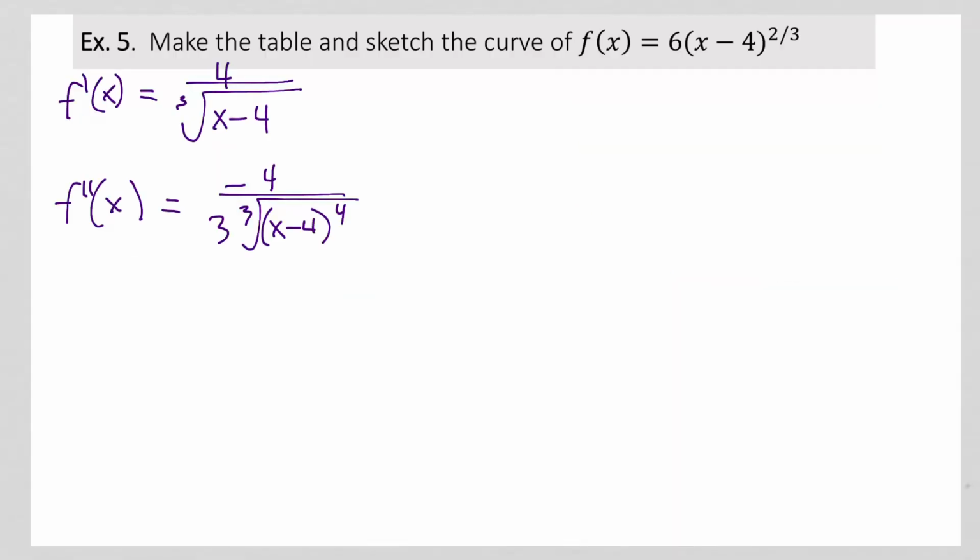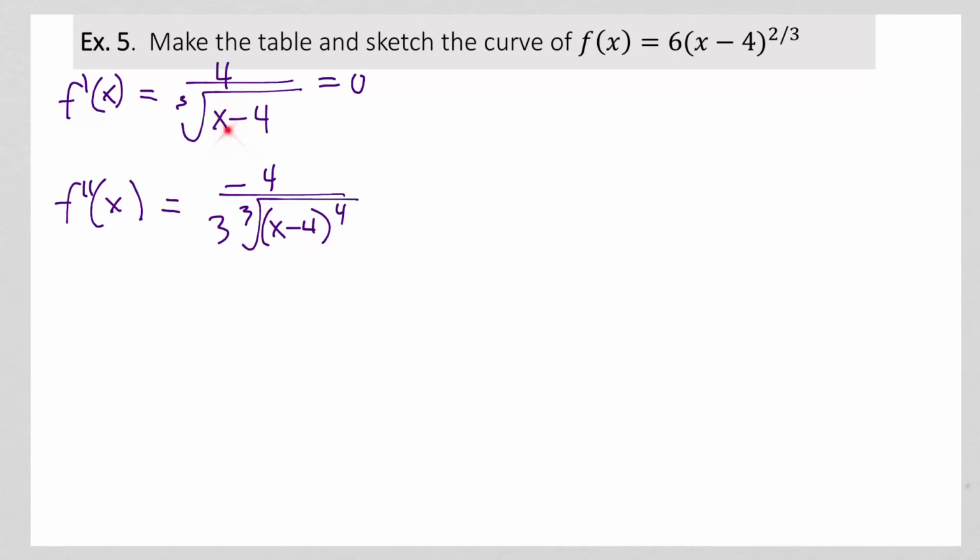So now let's look at example 5. So I've got a function to the 2/3 power. So I went ahead and found the first derivative and the second derivative. And I'm going to look for my critical values first. So I'm going to set this equal to 0. I have a constant in the numerator, so I'm not going to have a critical value due to the first derivative equaling 0.